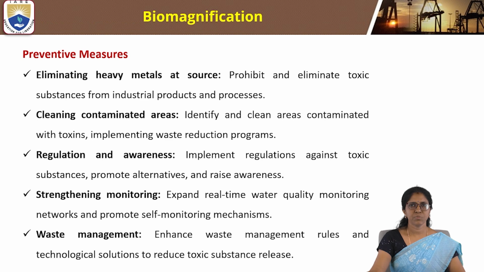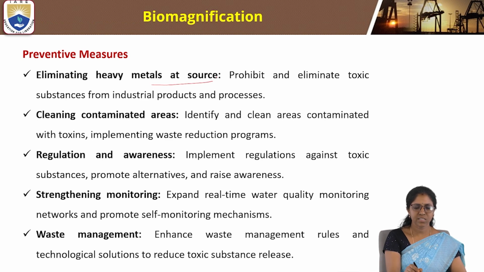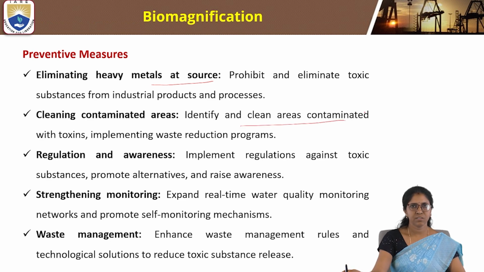What are the preventive methods for biomagnification? Eliminating heavy metals at source: prohibit and eliminate toxic substances from industrial products and processes. Cleaning contaminated areas: identify the areas contaminated with toxins and implement waste reduction programs. Regulation and awareness: implement regulation against toxic substances, promote alternatives, and raise awareness.